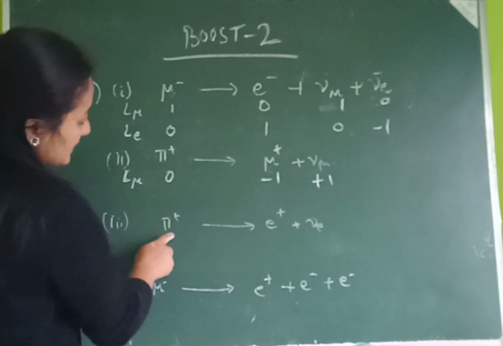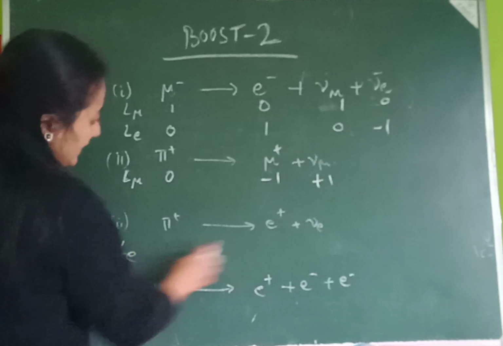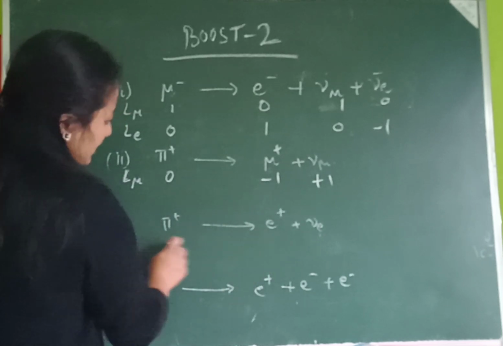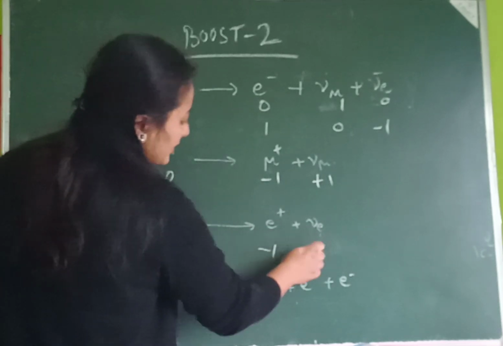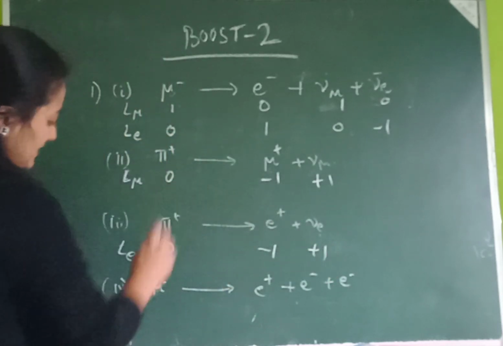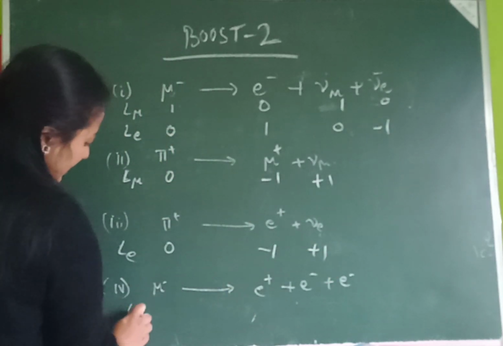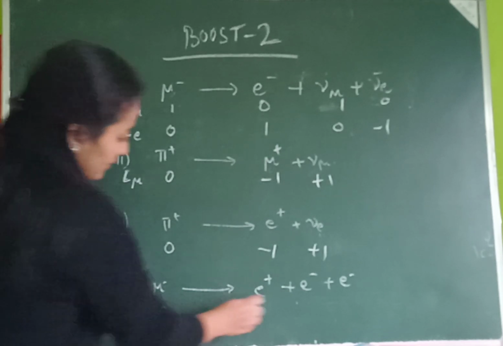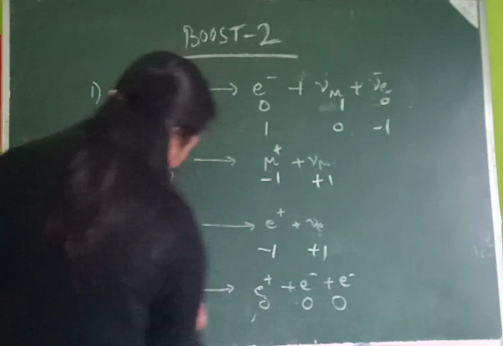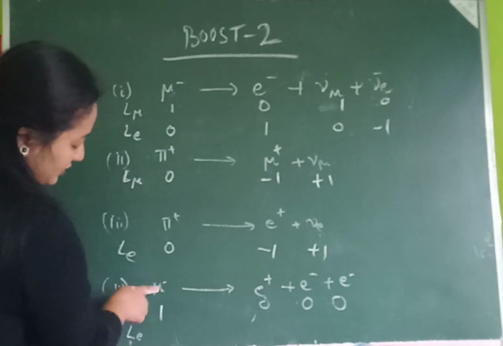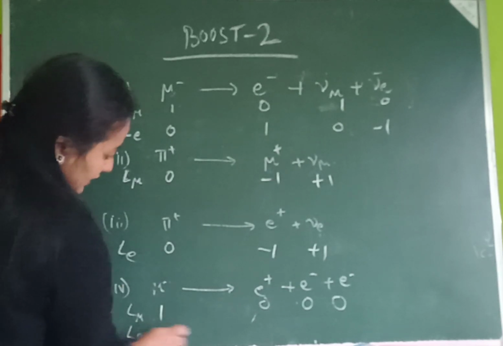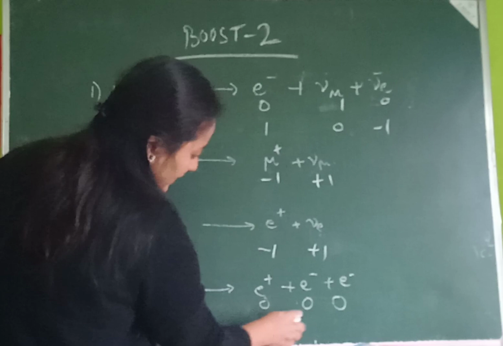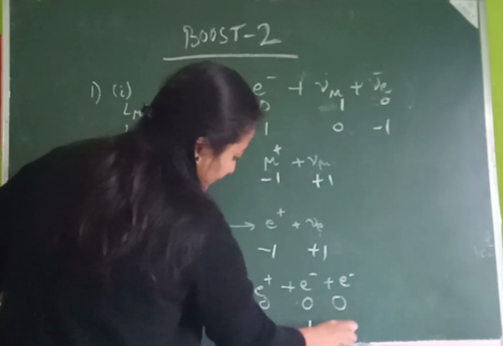Here there are electrons, so it is 0 here, and for e plus it is minus 1 and it is plus 1. Again this is conserved. Let me check L mu here and Le here. My L mu here is 0, it is 1 here because it's a mu minus, so it is 0, e plus minus 1, e minus 1, 1.